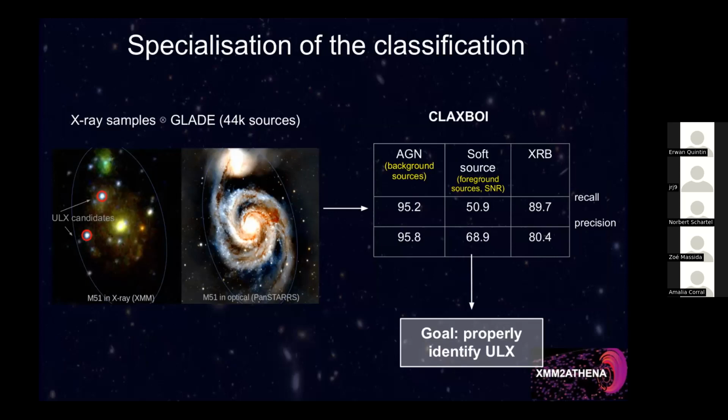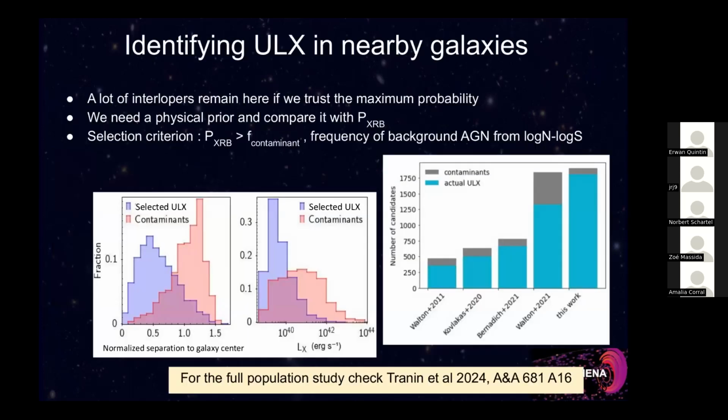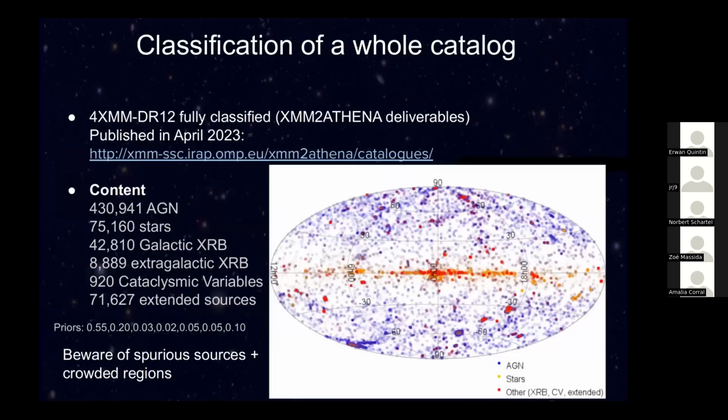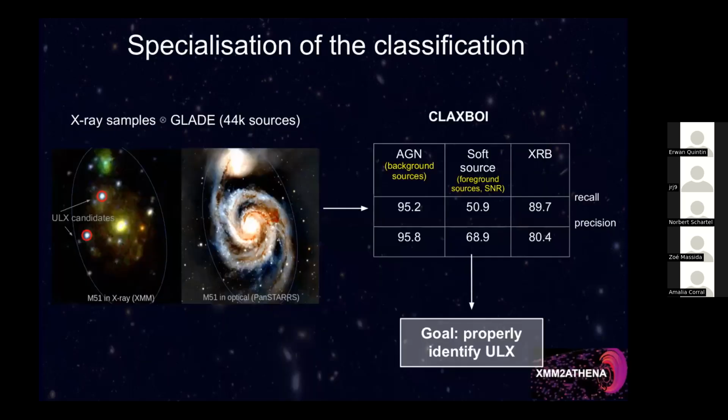And this was done to properly identify ULXs. So I will not give more detail here, except that the probability returned by the classification can be used to, basically, what I showed earlier, if you consider that the class giving maximum probability is the output class.